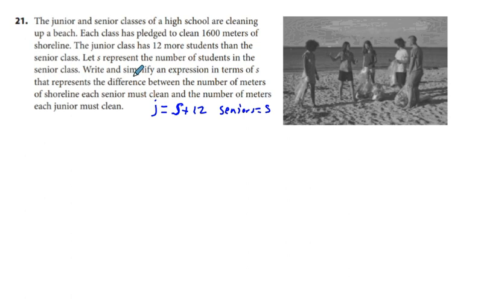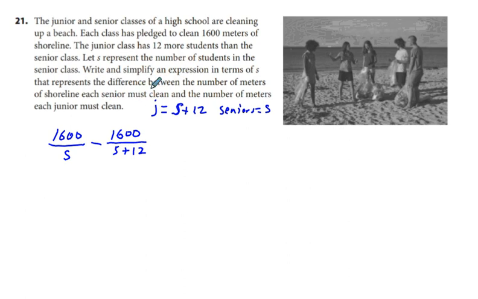And it says the difference between the number of meters of shoreline each senior must clean and each junior must clean. So that's going to be 1,600 over S. And the difference is a subtraction sign, minus 1,600 over S plus 12.